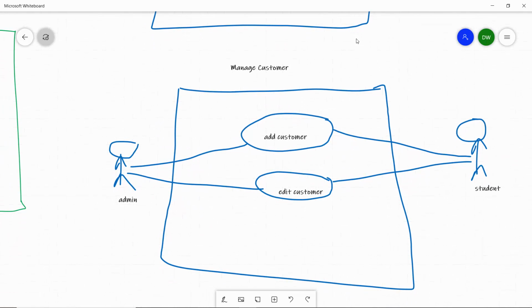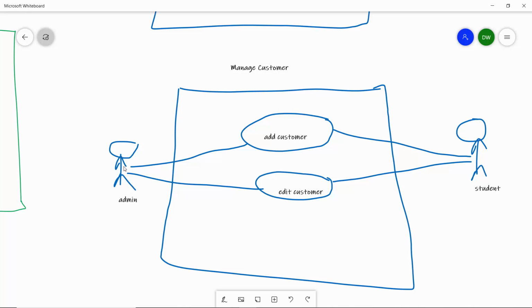Up there we had the manage customer use case, so it did not describe all the functionalities within manage customer. Therefore, I have a separate use case diagram for that, and in this separate diagram, we have the functions which are included within this manage customer use case, right? So within manage customer, we can use add customer use case, edit customer use case, or any other facilities you will have to include with it.